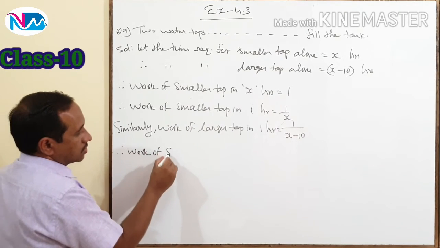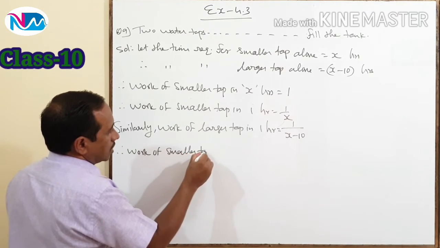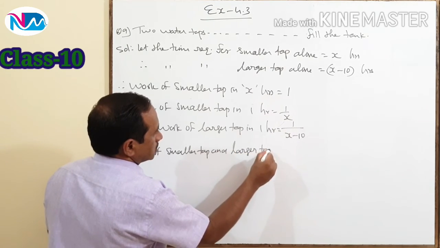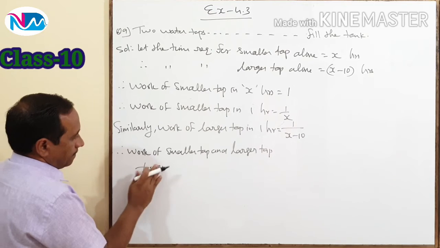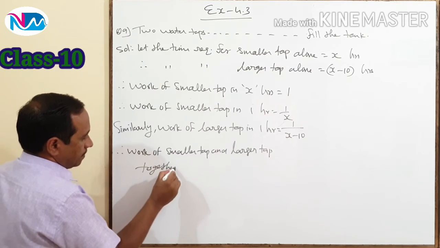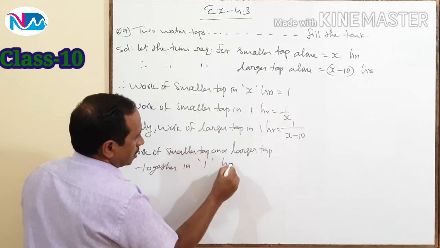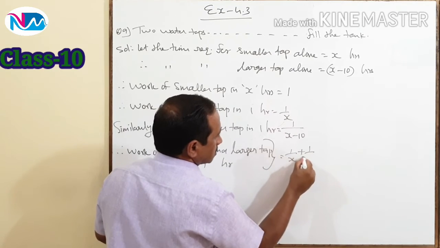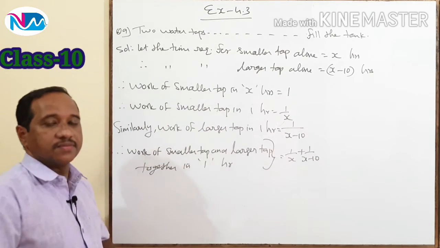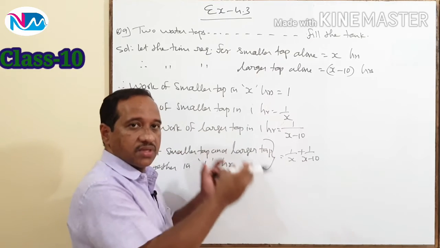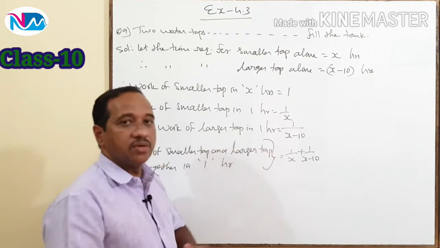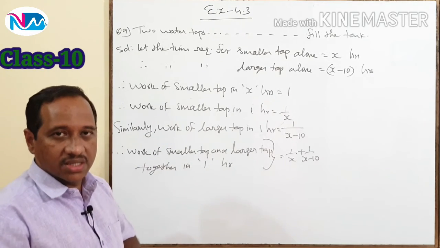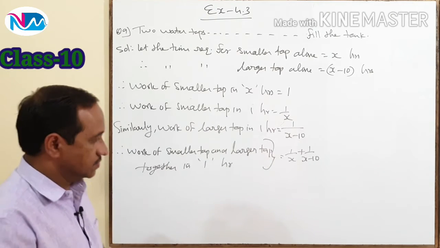Therefore, the work of the smaller tap and larger tap together in 1 hour is equal to 1 by x plus 1 by x minus 10. Now we are given that the two taps can together fill the tank in 9 3 by 8 hours.